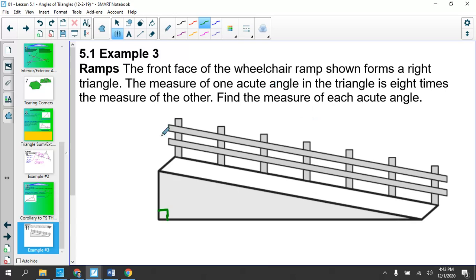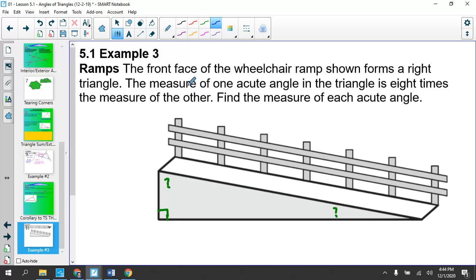So it's another algebraic setup. We've got three interior angles on this shaded triangle. I know 90 of them are accounted for right here. So these other two angles, which we're trying to figure out, those measures have to add up to 90. We've got another piece of information that will help us set this up.